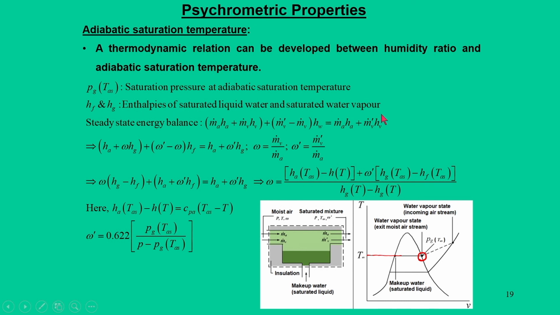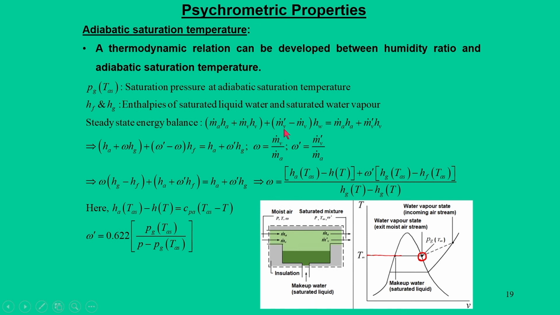saturated vapor. So, a steady flow energy equation can be applied for this model, where Ma times Ha plus Mb times Hb, that is your inlet state, and the other inlet is the makeup water that gets added.